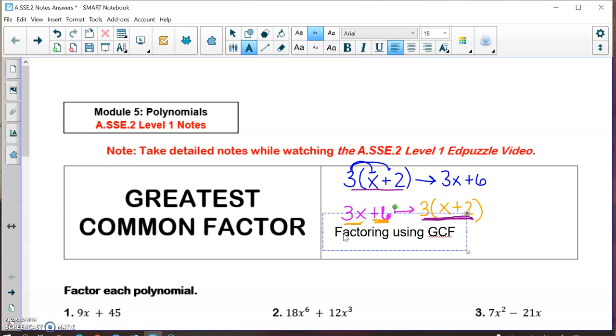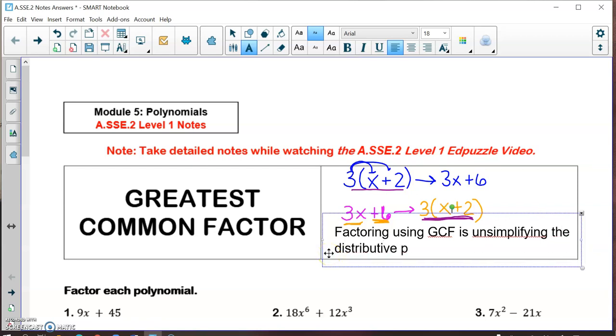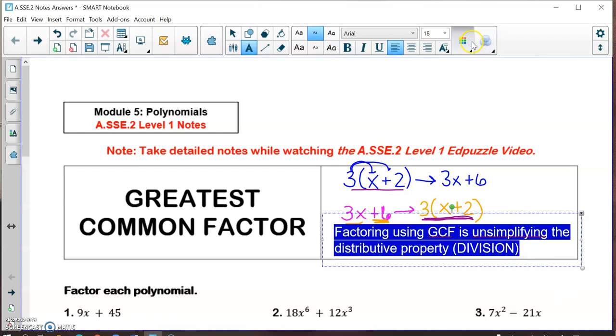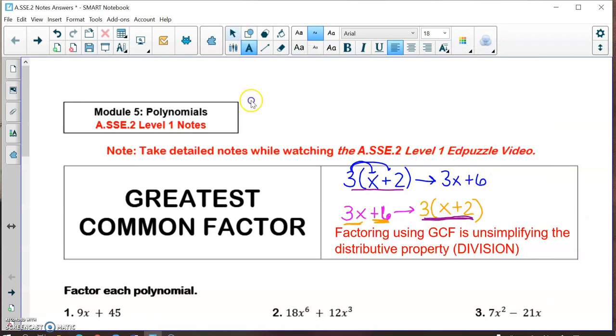So factoring using GCF is unsimplifying the distributive property. And distributive property is multiplication, so factoring using the GCF would be division.